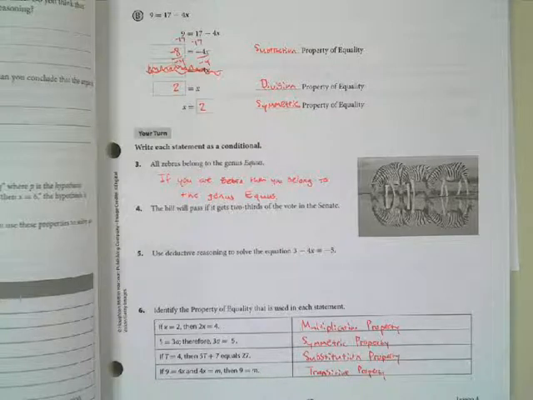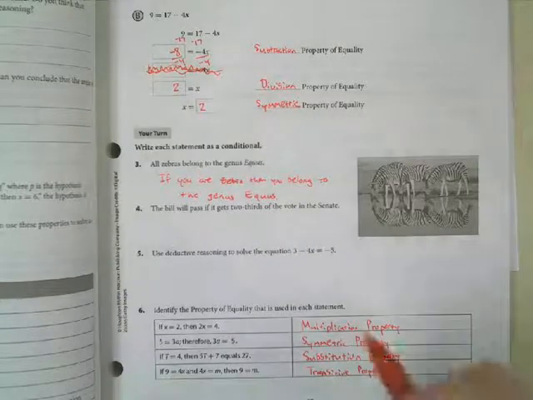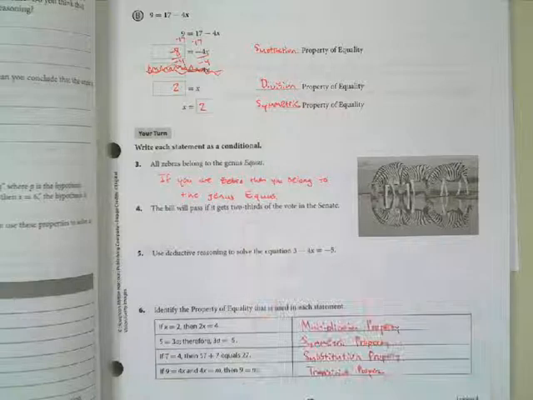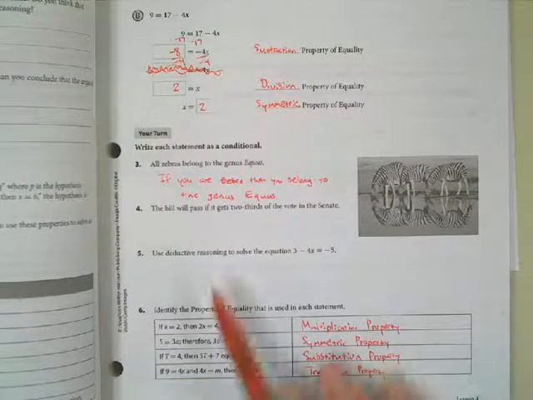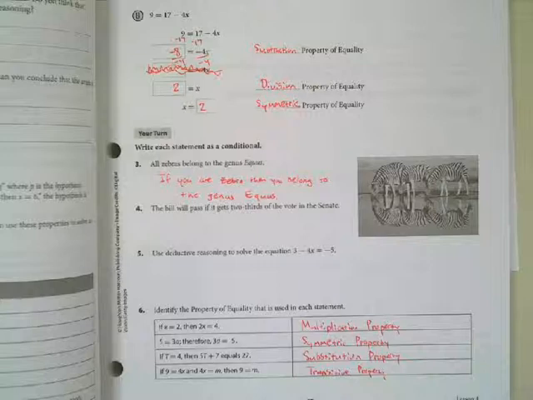Anyway, next one, number 4. So again, in if-then form, we have the original statement here: the bill will pass if it gets 2/3 of the vote in the Senate. What should it be, Antoinette, in normal if-then form? If it gets 2/3 of the vote in the Senate. Very good, exactly right.